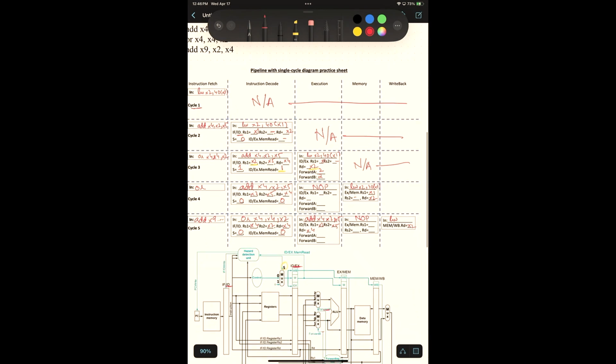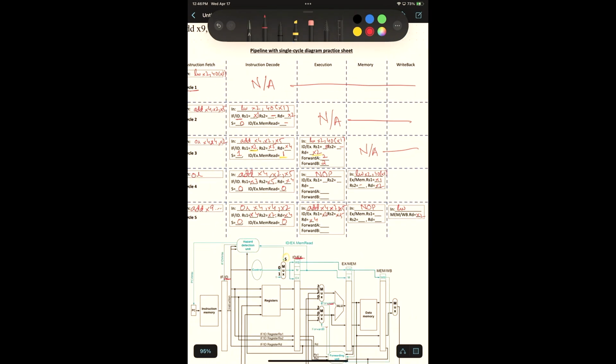So first of all, tell me what will be the value of forward A and forward B in this cycle. Forward B will be 2, and forward A, look carefully.